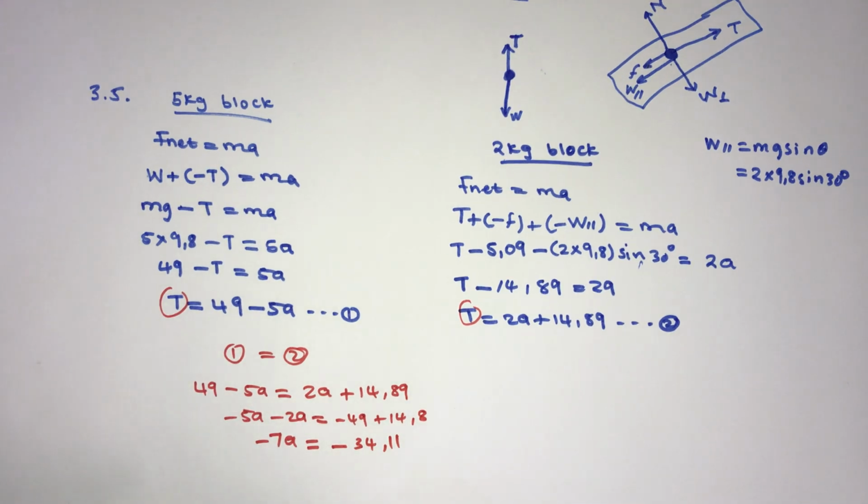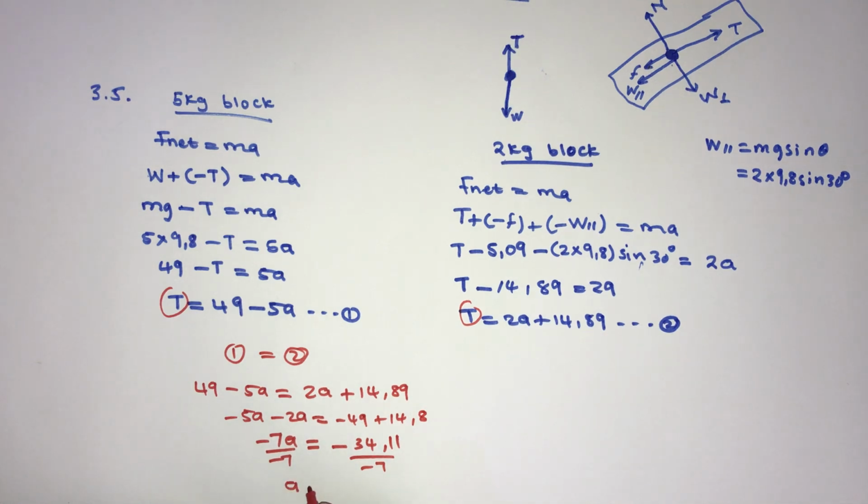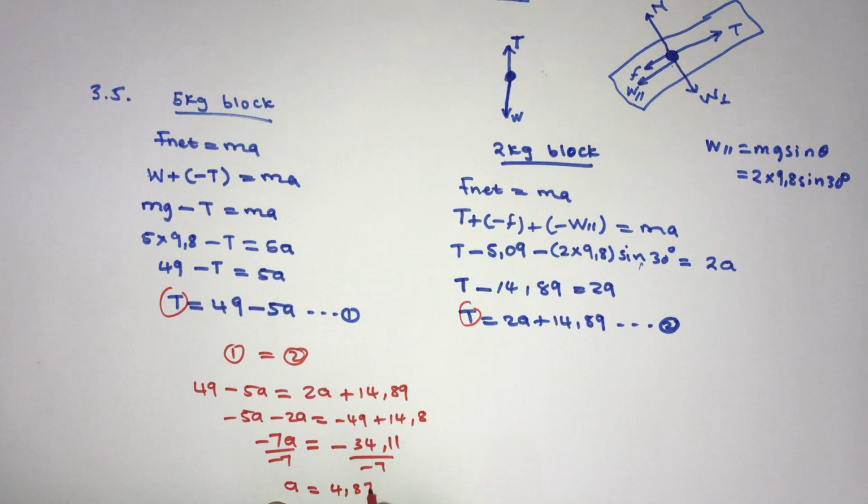And then we divide by negative 7, then acceleration is equals to 4.87 meters per second squared.